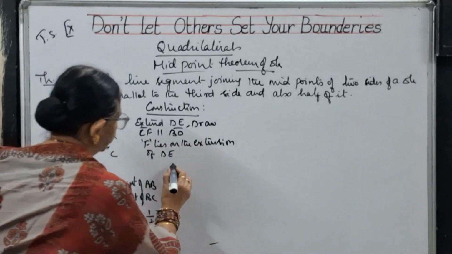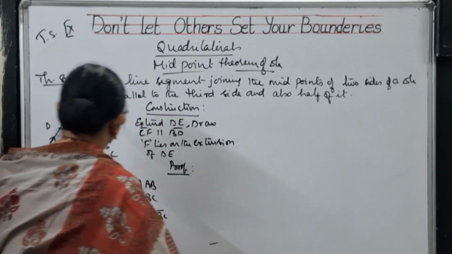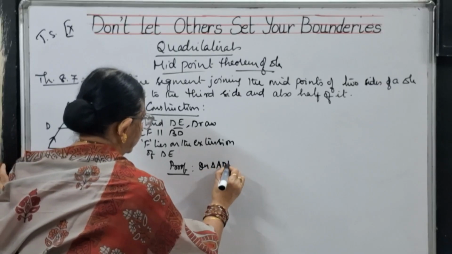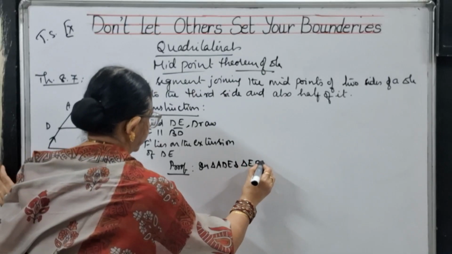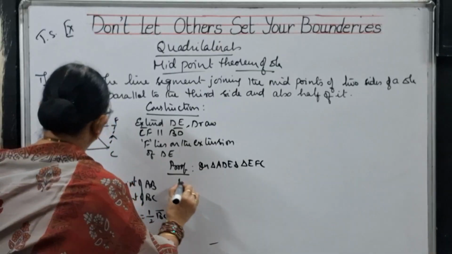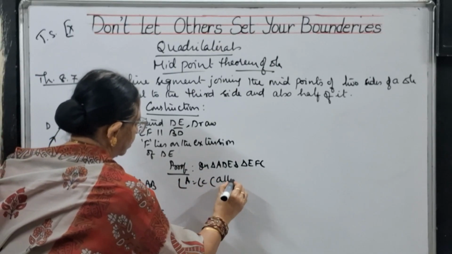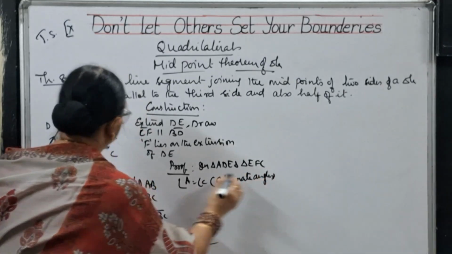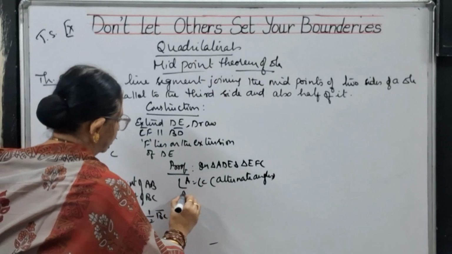Now let us go for the proof. Let us take triangles. In triangle ADE and triangle EFC, angle A is equal to angle C, they are alternate angles.